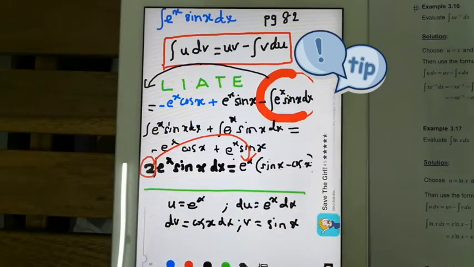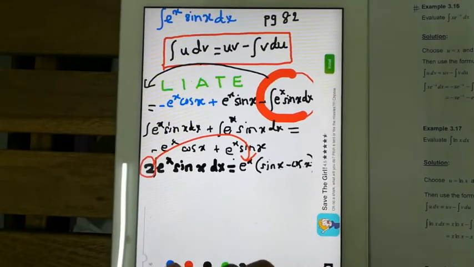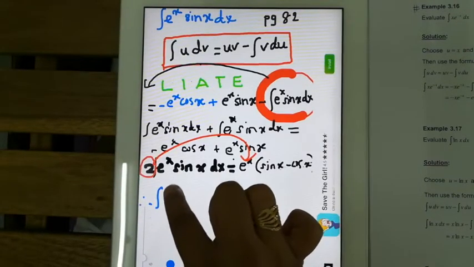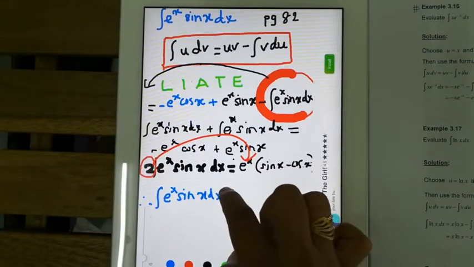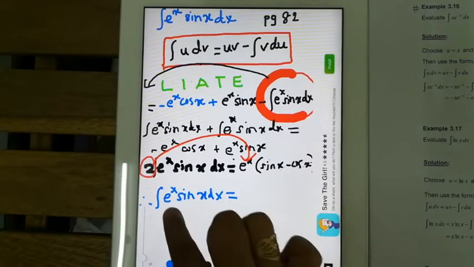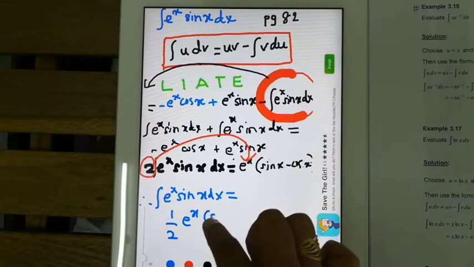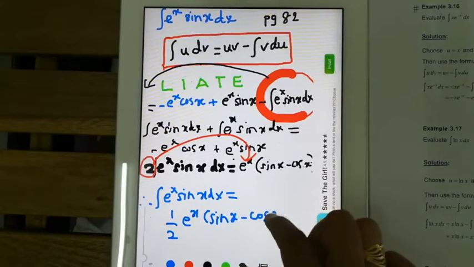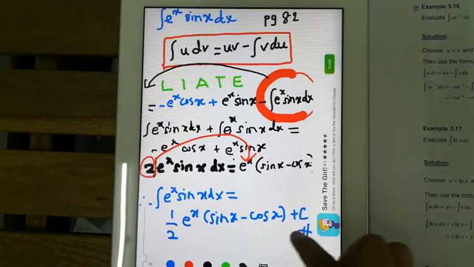Let me erase this one. So your final answer is, this original question equals half e^x, sine x minus cos x, plus C.